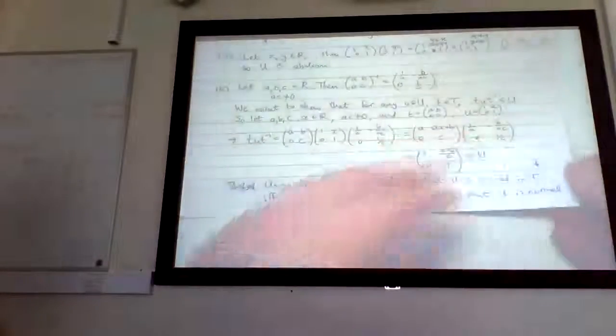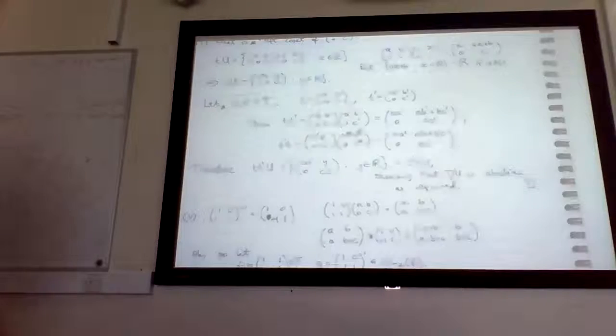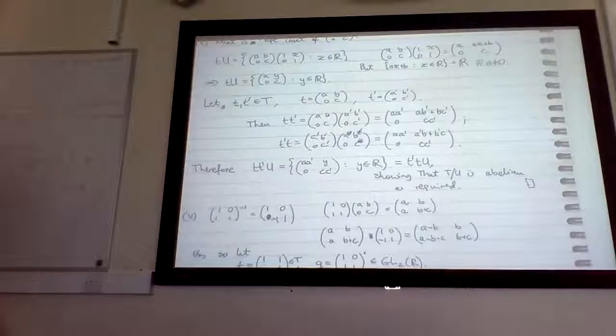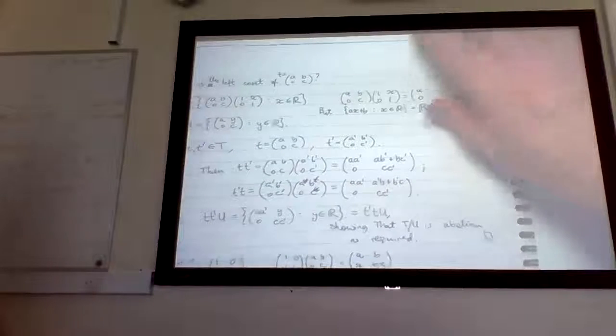So, a few different approaches to this. This is the way Jan approached it. Okay, so the question is prove the factor group T/U is abelian.